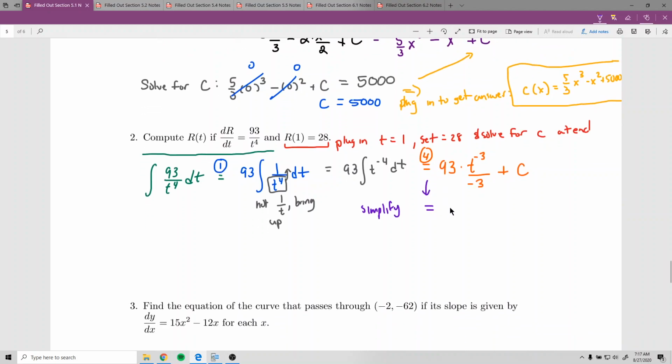All right, so 93 over negative 3 works out perfectly to negative 31. And I'm just going to change it back to a positive exponent. So I'm going to bring the t to negative 3 down, and it becomes t cubed. All right, so the 93 over negative 3 became the negative 31, and the t cubed came from the t to negative 3 on top.